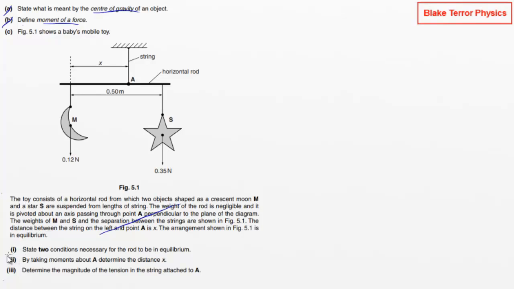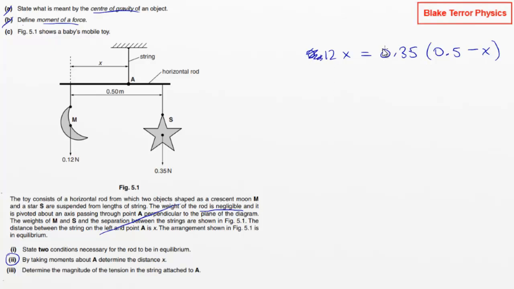Now we're on to the calculations. By taking moments about A, determine the distance x. So moments about A, ignoring the string, which is fine. The weight of the rod is negligible, so we've already ignored that. We've just got these two shapes here. So 0.12 multiplied by x is going to be equal to 0.35 multiplied by 0.5 minus x, and we just need to solve this for x.